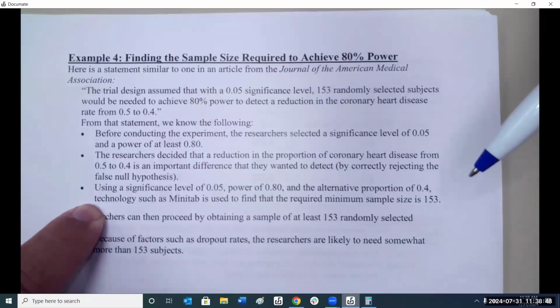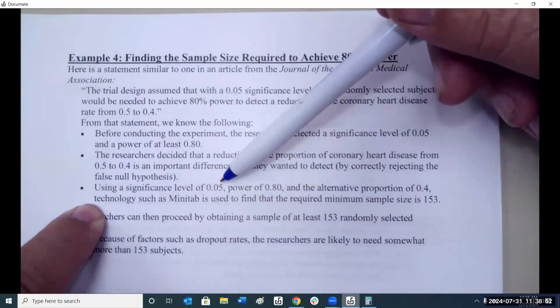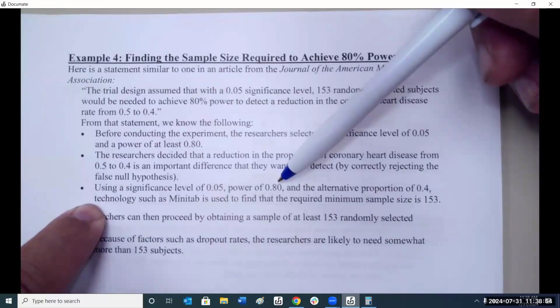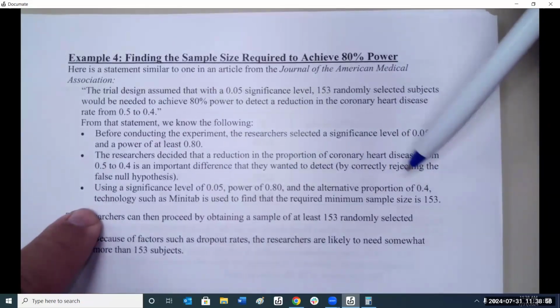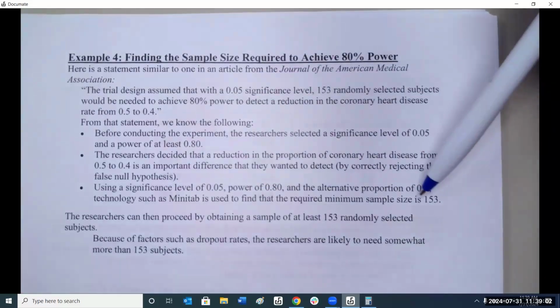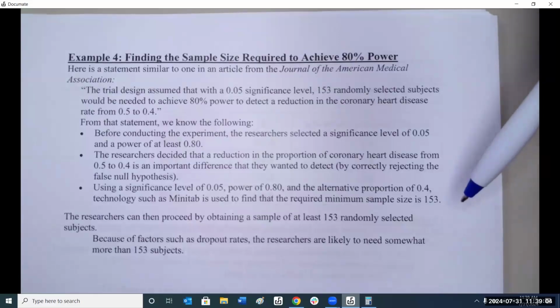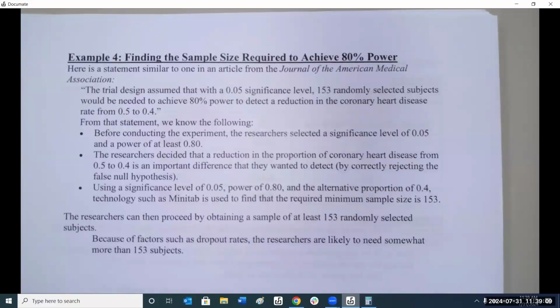What is the significant difference there? Using a significance level of 0.05, the power of 0.8, and alternate proportions of 0.4, the technology Minitab was used to find the minimum sample size is 153, which is what they decided. That's why they got that many.